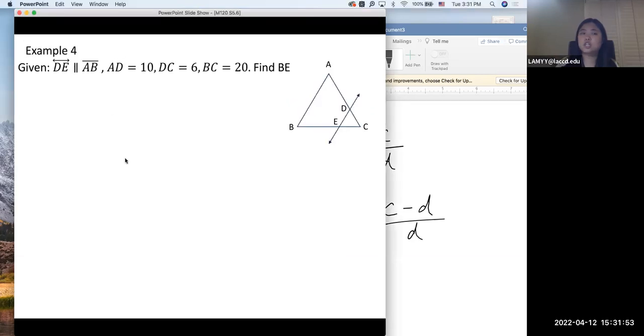Try example 4. DE parallel to AB, and AD equal to 10, DC equal to 6, BC equal to 20. Find BE.